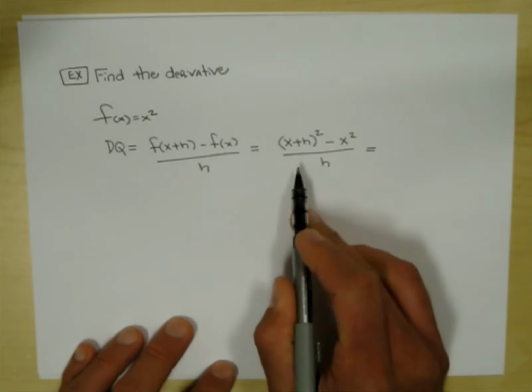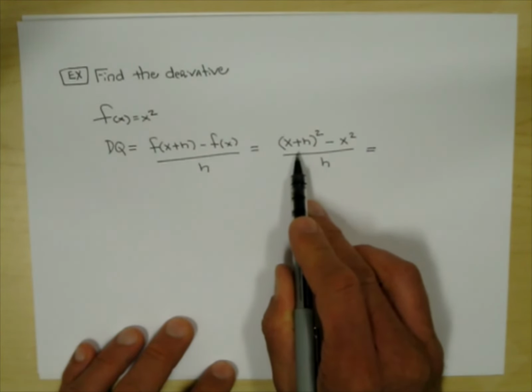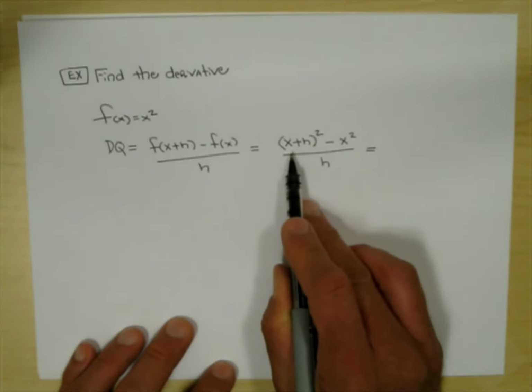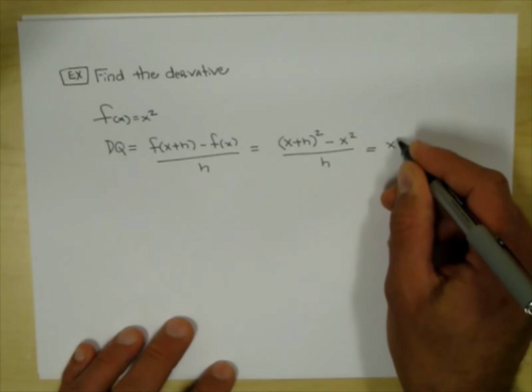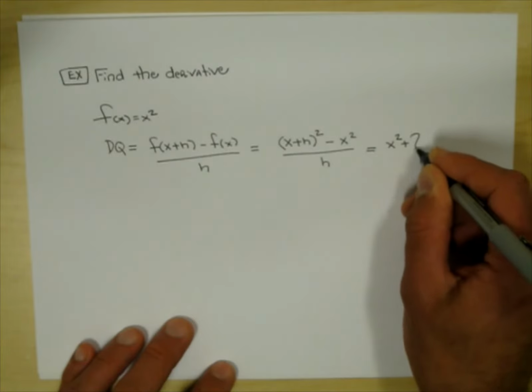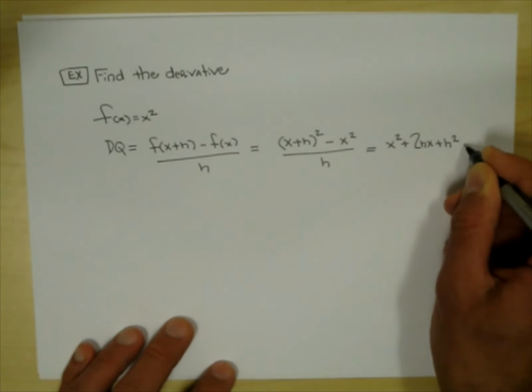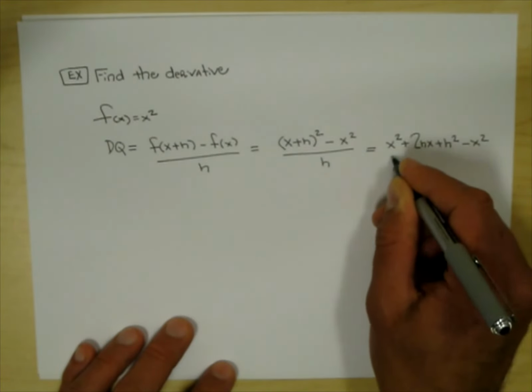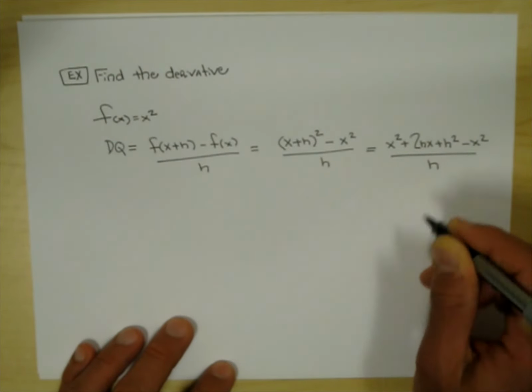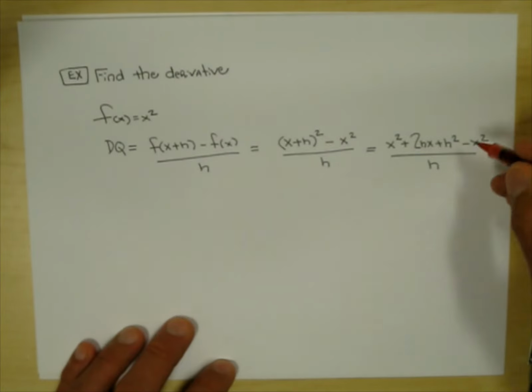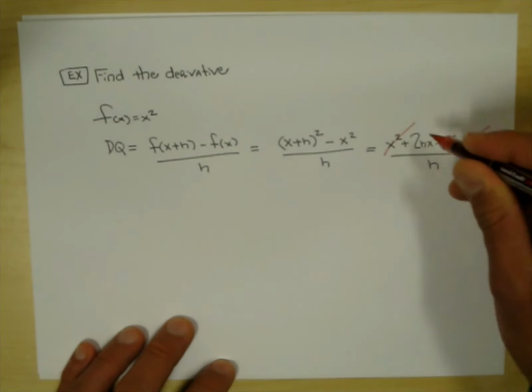I go ahead and multiply out a FOIL because this is x plus h times x plus h. So this is x squared plus 2hx plus h squared minus x squared, all over h. The x squareds are out of there.